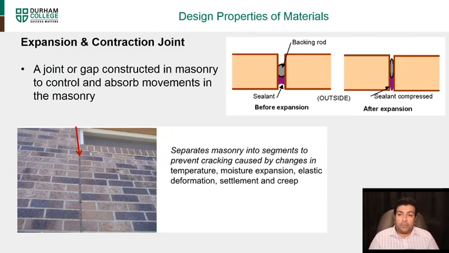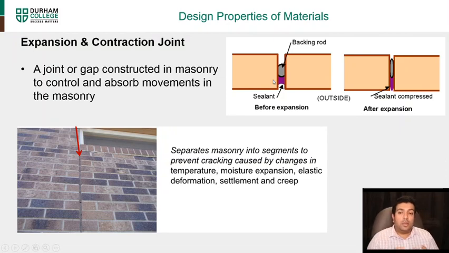A joint or gap constructed in masonry to control the absorbed movements of the masonry. So let's say if we have a long wall, due to heat and cold, these walls tend to move. So we have to keep expansion joints when we have a long wall, and we use them with sealants.